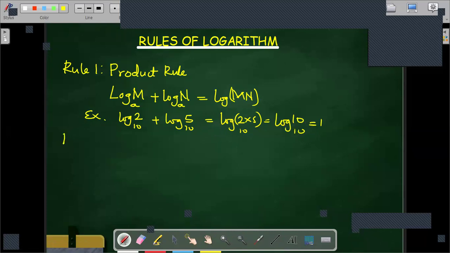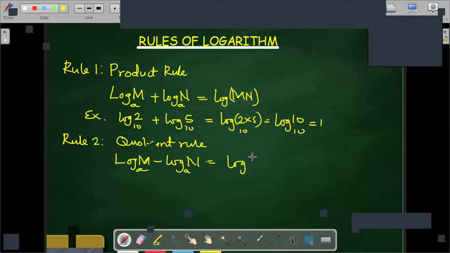Now, rule 2 is the quotient rule. It is the logarithm of a number minus the logarithm of another number to the same base, which is going to give us the logarithm of the first number divided by the second number to the same base.